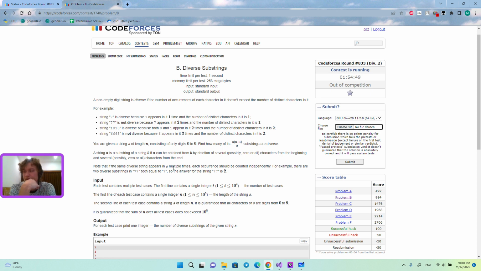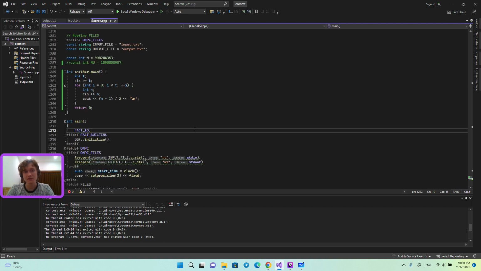I think it's some sort of this means that we only need to look at the strings of length at most 100. Okay, so it seems obvious.